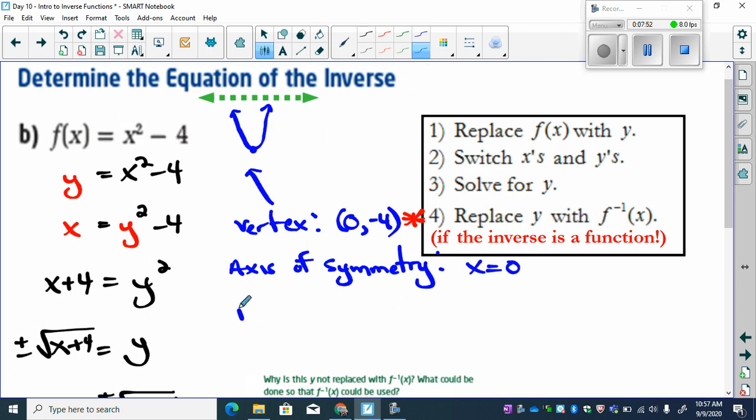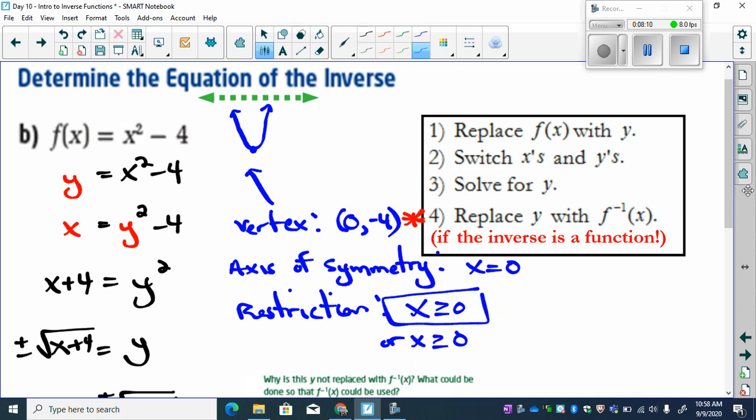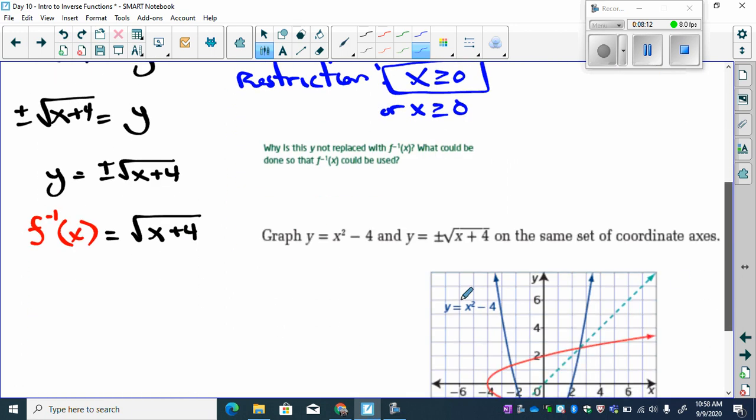That means your restriction on the domain, if we want to cut that graph in half so that it would pass the horizontal line test, could be either x is greater than or equal to 0 or x is less than or equal to 0. I will choose this one. Okay? And what that does is it would use the positive square root of x plus 4.